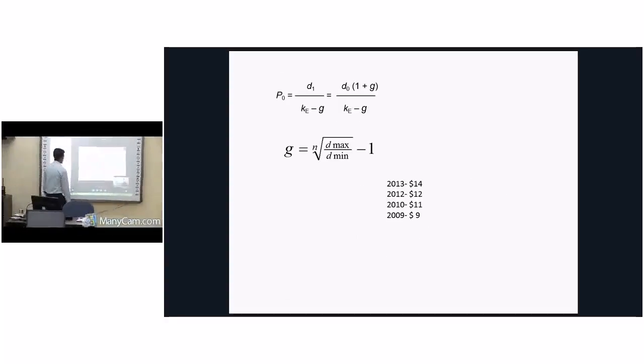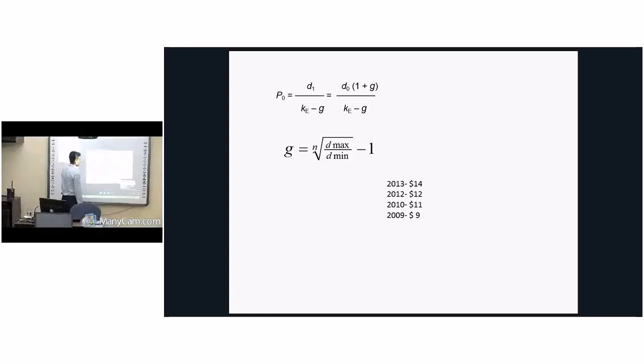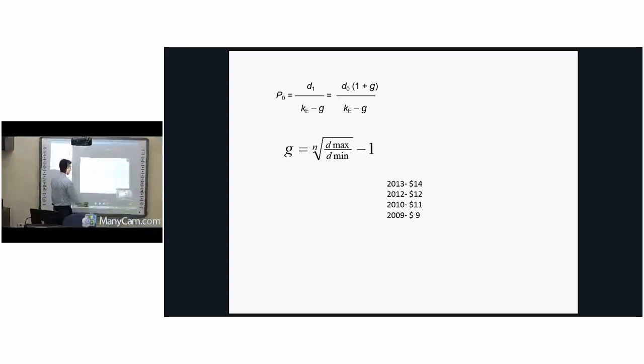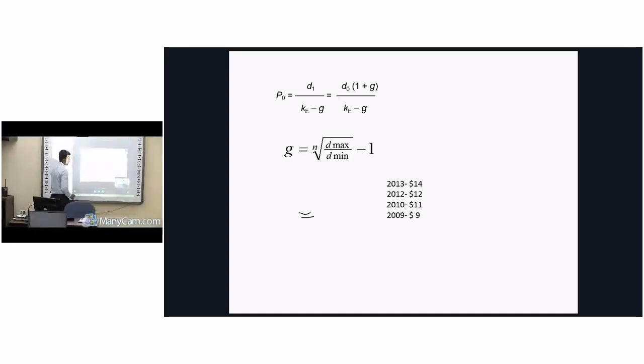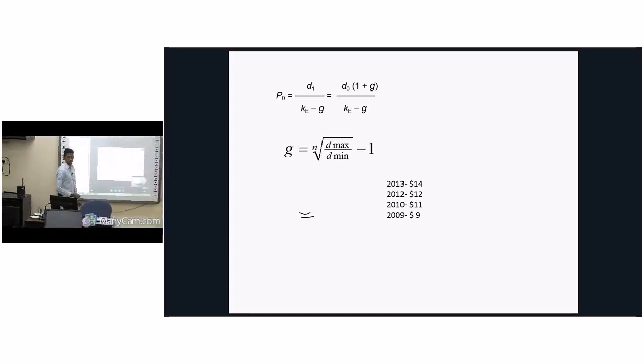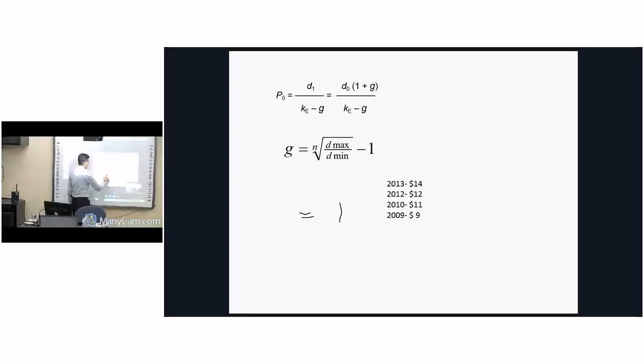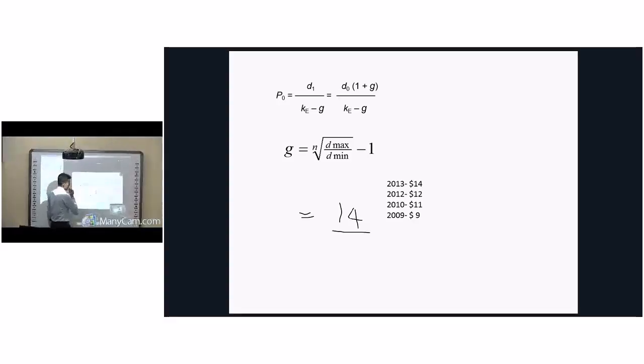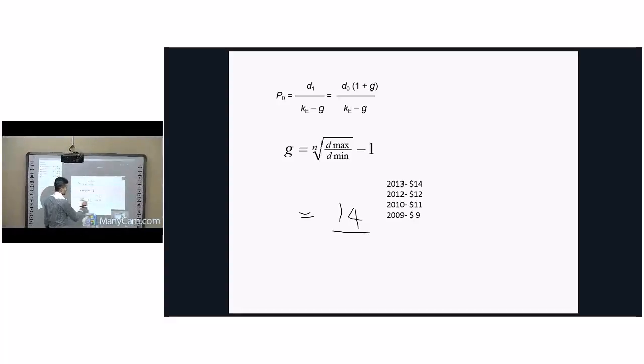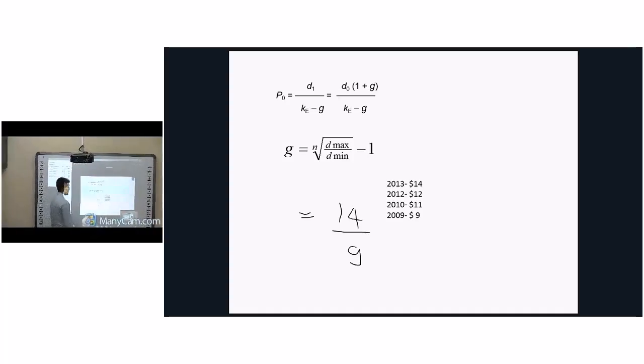If you apply this to the information that we have, what is the highest dividend we have paid? It is 14. The lowest dividend we have paid over the period is 9. Right? And what is n here?